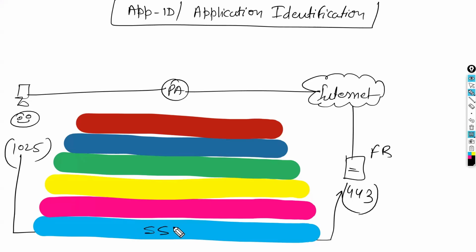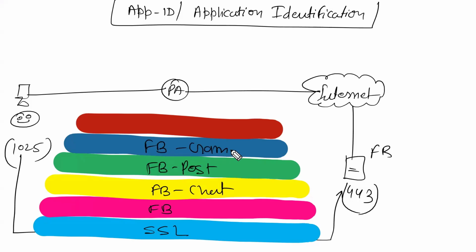So the first session will be SSL. Under SSL, we will access Facebook. Under Facebook, we will access Facebook chat. Then we will access Facebook post. Then we can access Facebook games and Facebook events or anything.